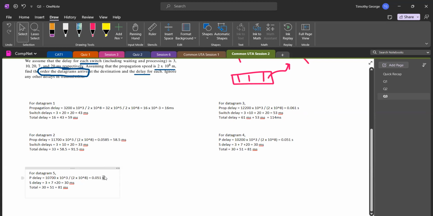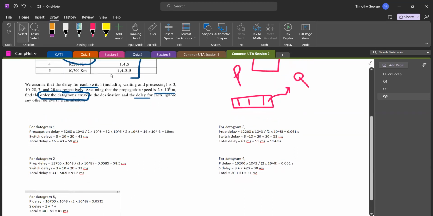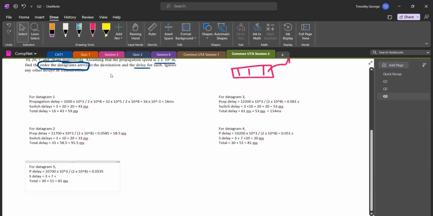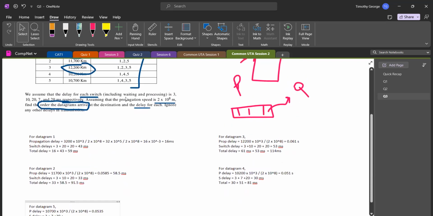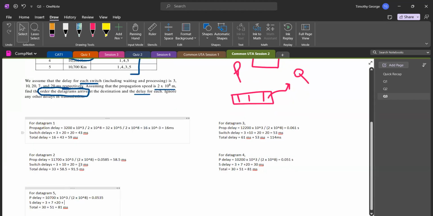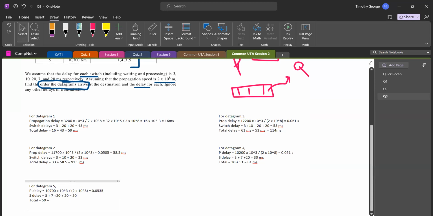Switch 1 is 3, switch 4 is 7, switch 3 is 20. So here's an example of switches that are not in order: 1, 4, 3, and 5. It is possible. And 20. That's 50. So this will become 50 plus 53.5.